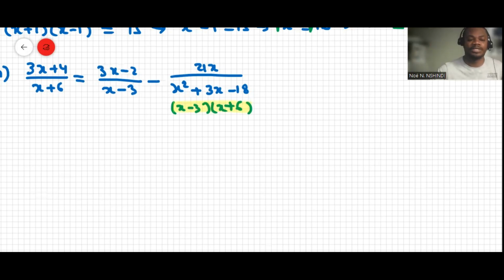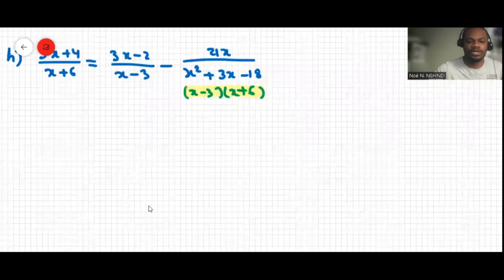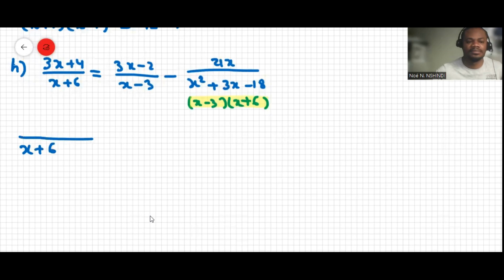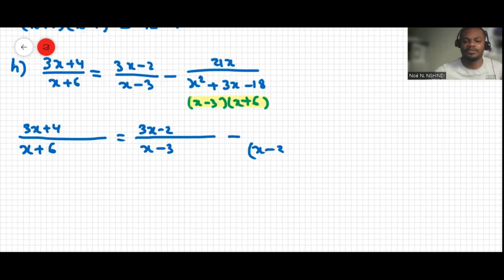So I prefer to write this as (x + 6)/(3x + 4)... equal to (x - 3)/(3x - 2) minus x squared, no, not x squared, but I prefer to say (x - 3)(x + 6) all under 21x.